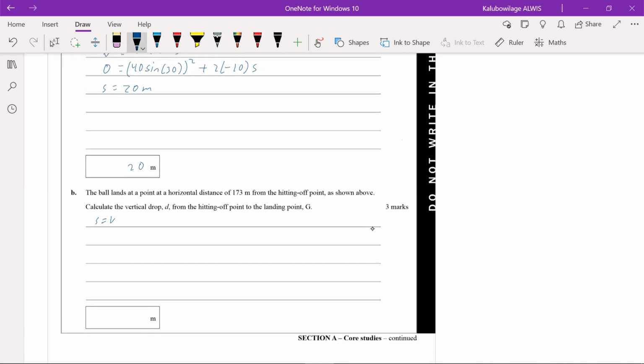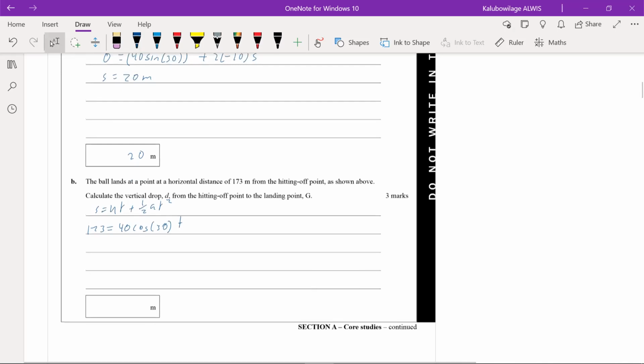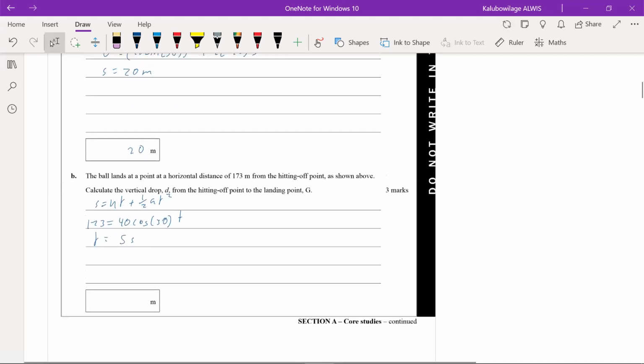So s equals ut plus half a t squared: 173 equals 40 cos 30 times t. There is no horizontal acceleration, so that comes to 0. T is 5. You might want to keep the full value in your calculator.